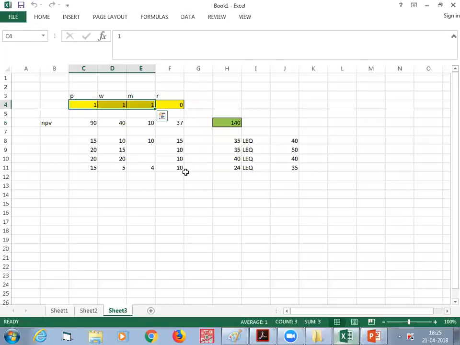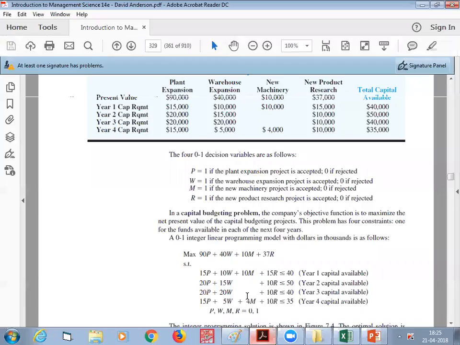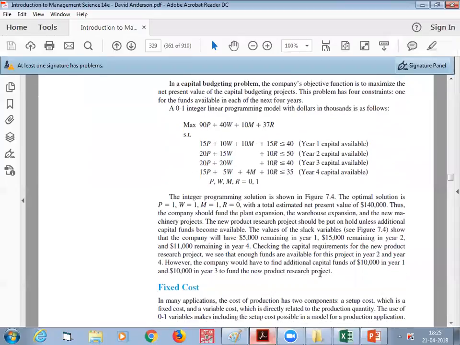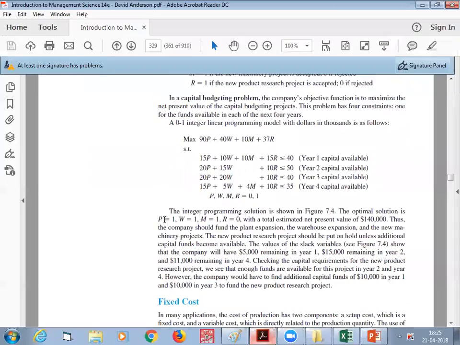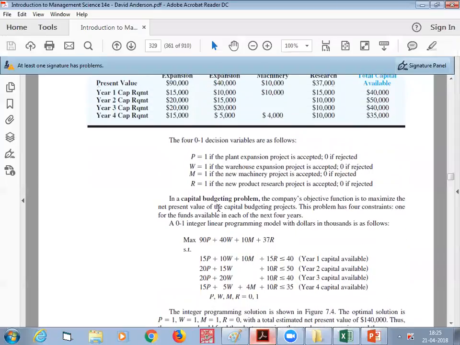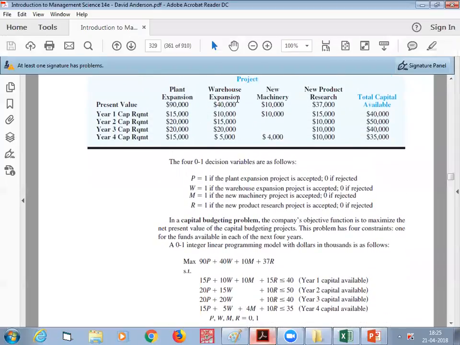So first 3 projects are here. Anyway, they're probably uploaded at the end, so we save them in the thing. Okay, so this is the capital budgeting problem. And so finally, we're selecting project plant expansion, warehouse expansion, and new machine.